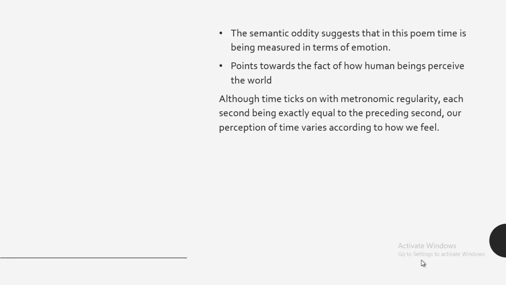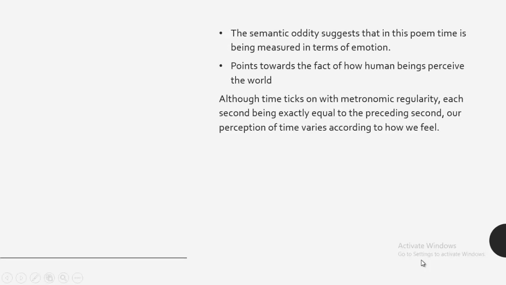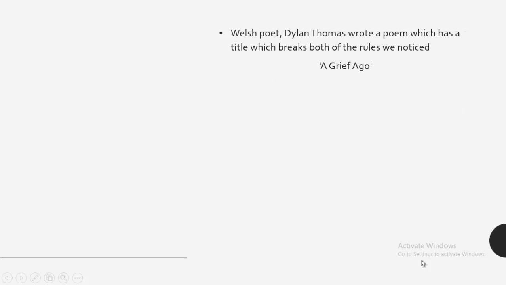And why did the writer write grief there, and why did he deviate? The semantic oddity of this word grief suggests that in this poem, time would be measured in terms of emotion. So time would not be measured in terms of weeks or months or years or minutes or seconds. It would be measured in terms of emotions.